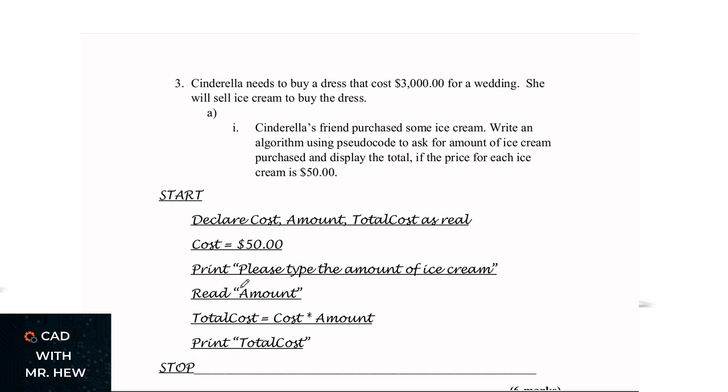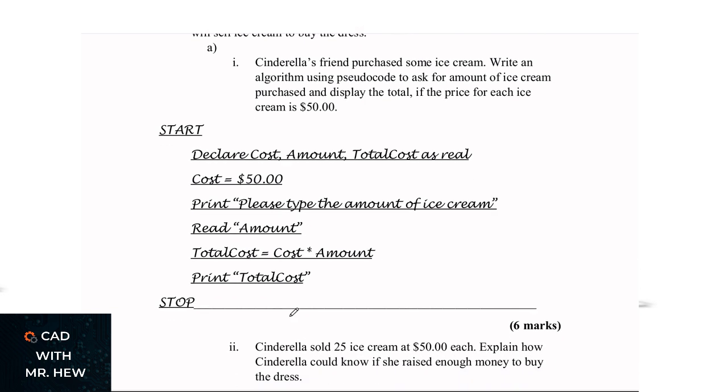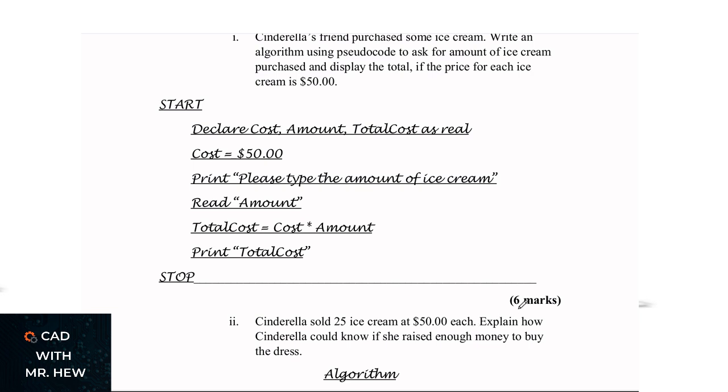Read amount. Total cost is equal to cost times amount. I'm going to print, open quotation, total cost, close quotation, stop. This answer would give you 6 marks if you had all the steps listed in this algorithm.